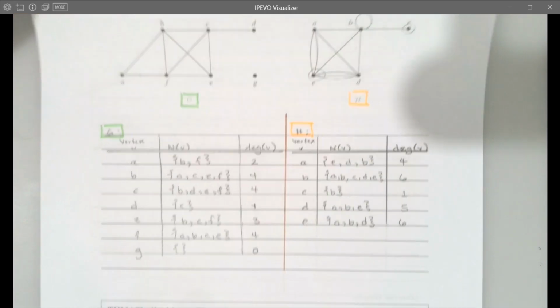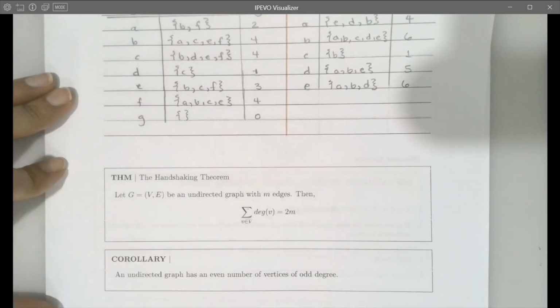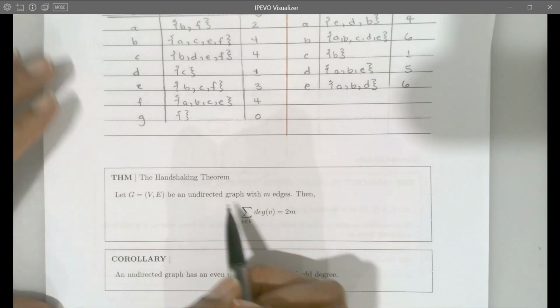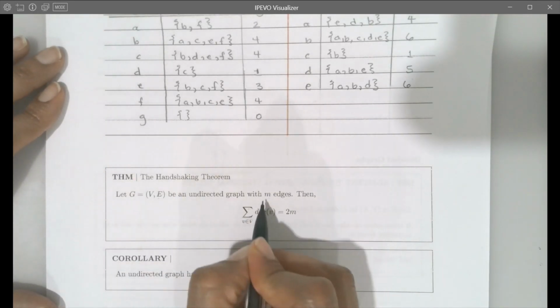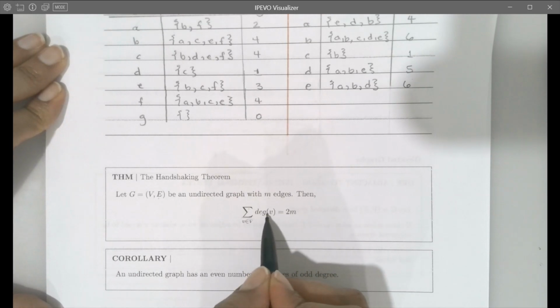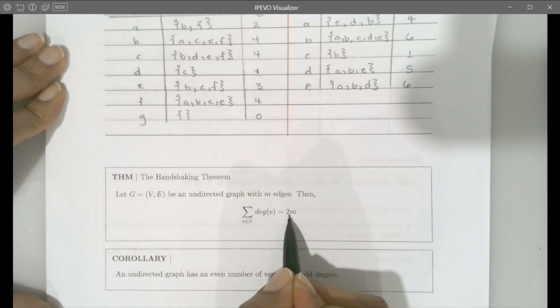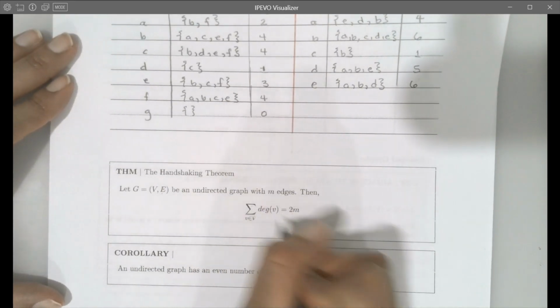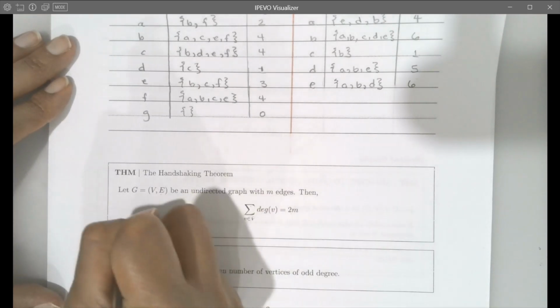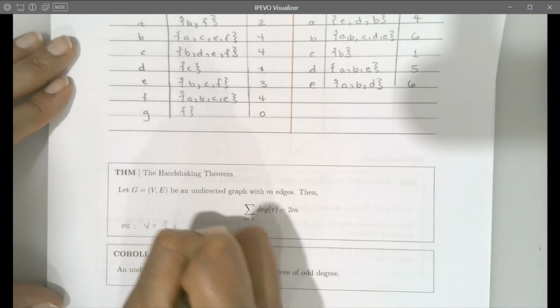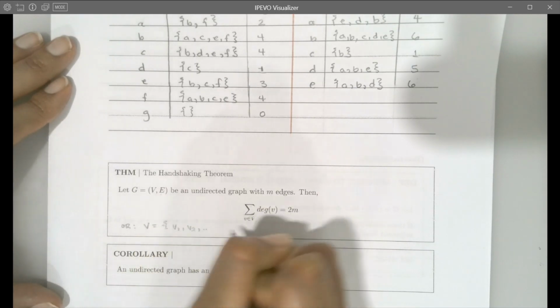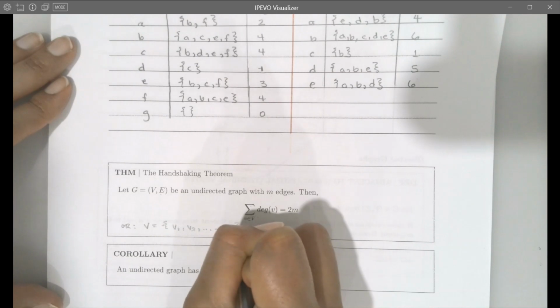Okay, we're now going to take a look at a theorem. It's called the handshaking theorem, which says that if you have a graph G that is undirected and it has m edges, meaning the size of the set E is m, then the sum of the degrees of all nodes in V is going to be 2 times the number of edges. Okay, so written more explicitly, let's say that V consists of vertices V1, V2, down to Vn.